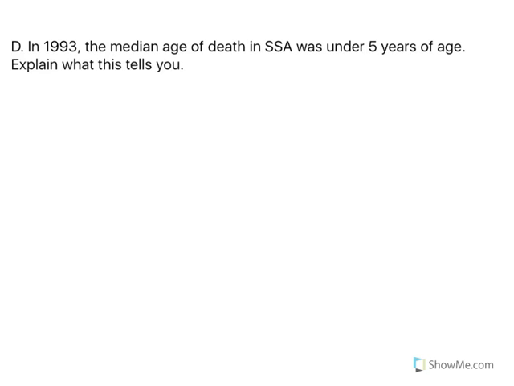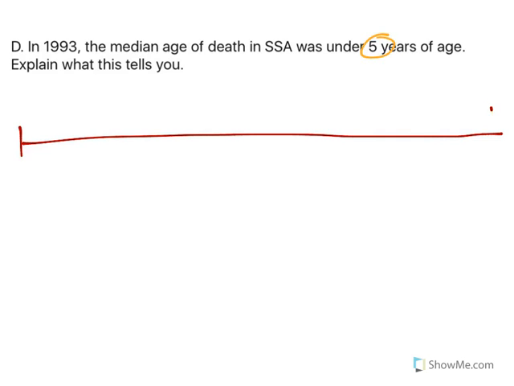Letter D. In 1993, the median age of death in sub-Saharan Africa was under 5 years. So we'll just say that it's 5. What does this tell us? Okay. If these are all the people in sub-Saharan Africa who died, all of them, remember what the median is. The median is the middle number. So the middle number is 5.